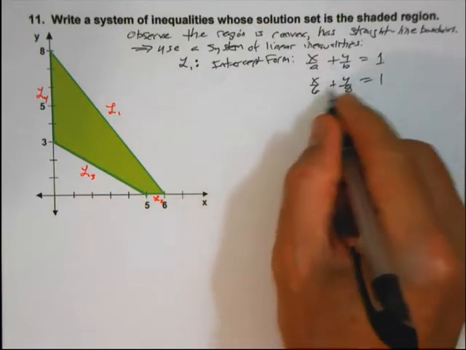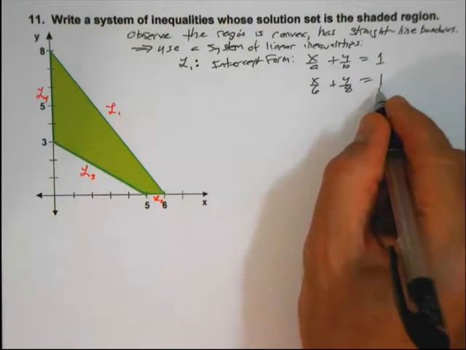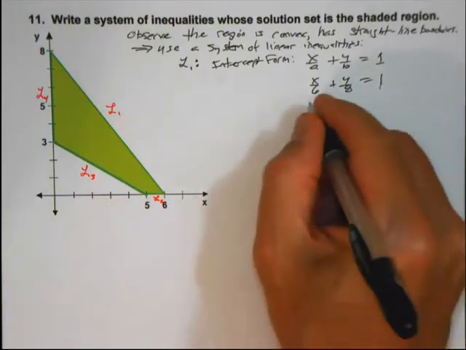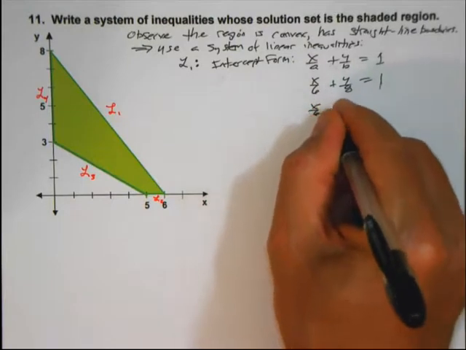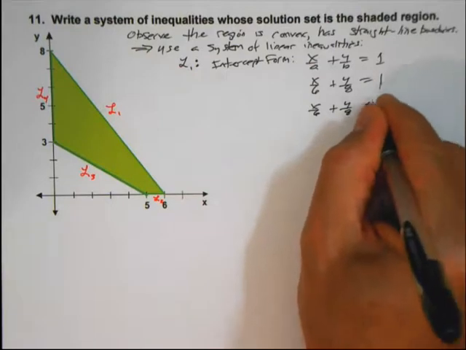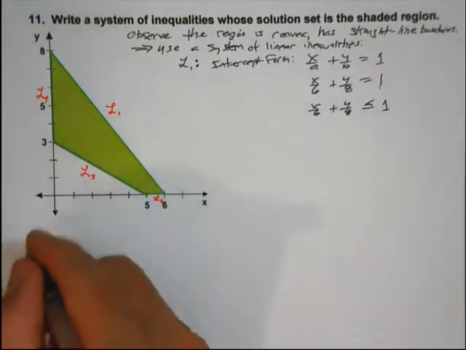If (0, 0) goes in here, we have 0 here and 1 here. Well, that means less than would make it true. So this finally then gives us x over 6 plus y over 8 less than or equal to 1. That can be our first half plane there.